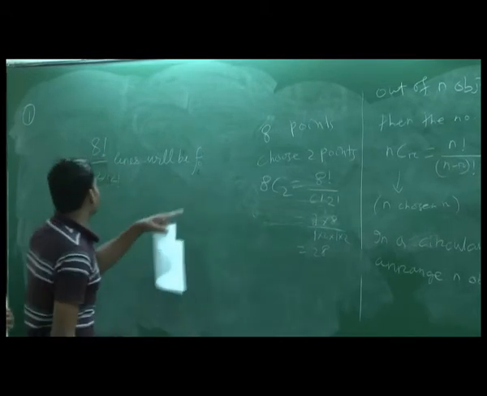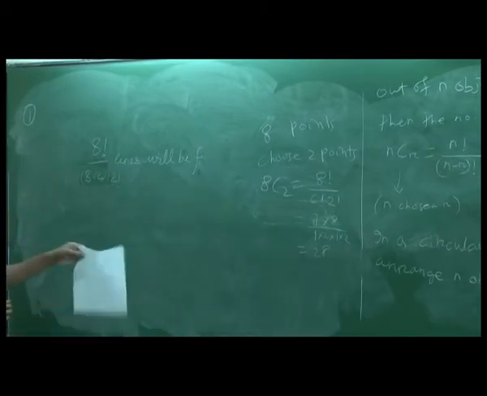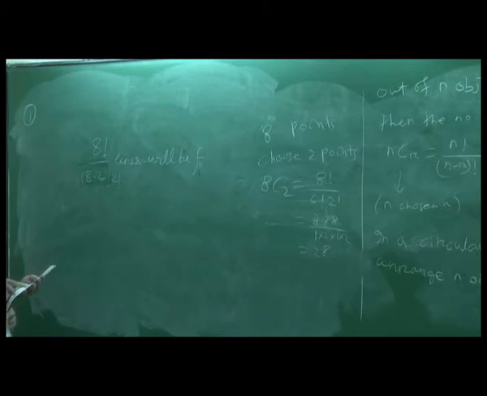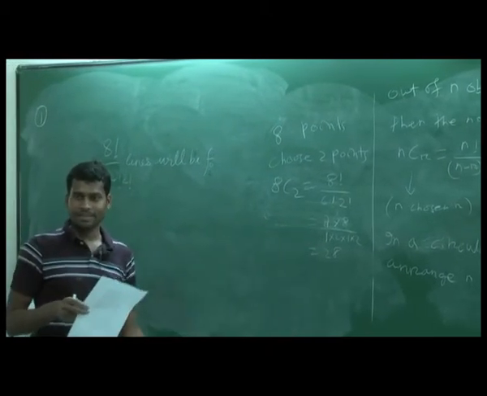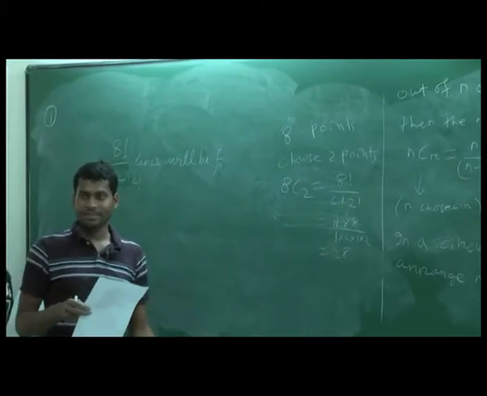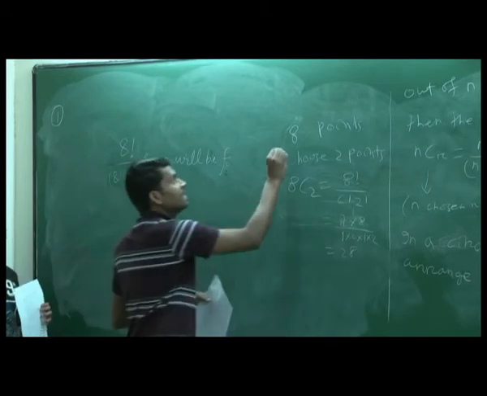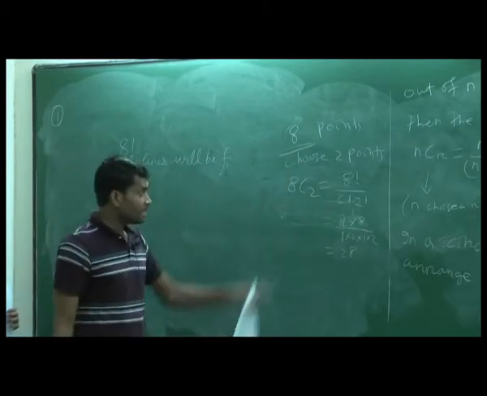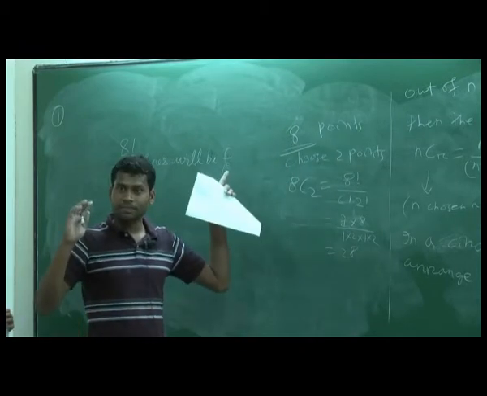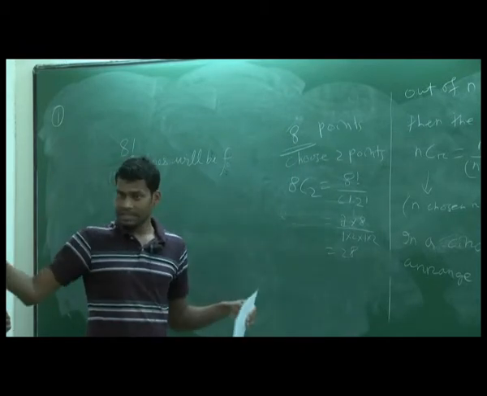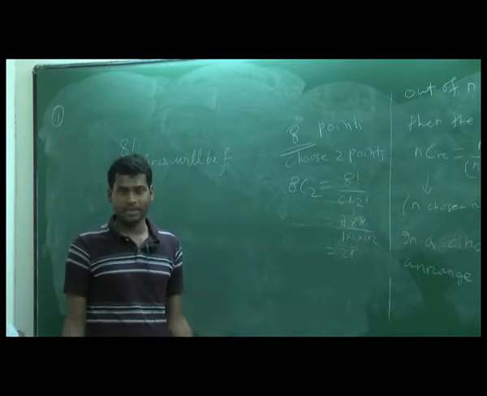So what is the question? How many straight lines can be found by 8 points of which 3 are collinear? Is this the final answer, or do we have to add or subtract something? Subtract. Why? Because there are 3 collinear points also. It would be correct if all the 8 points were distinct and not collinear.